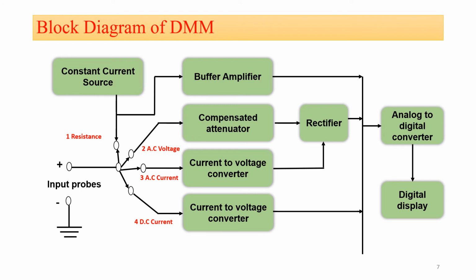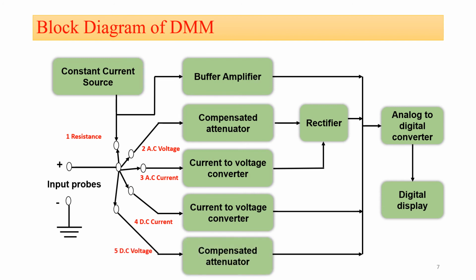But to calculate our DC current, the output of our I to V converter is directly applied to the ADC, that is analog to digital converter, and the output of your analog to digital converter or ADC is applied to our digital display, and digital display will display the DC current digitally. Now this is how to calculate DC current by using our digital multimeter.